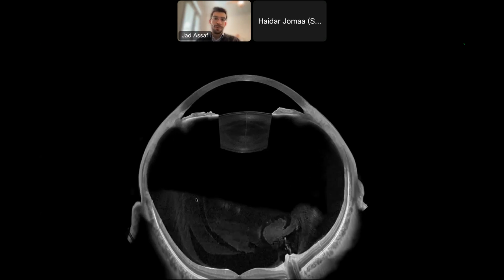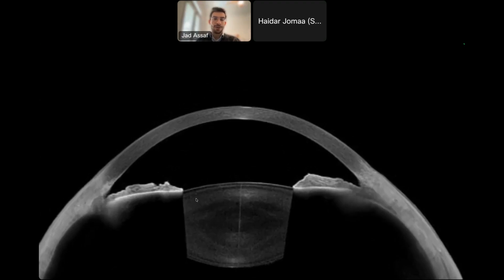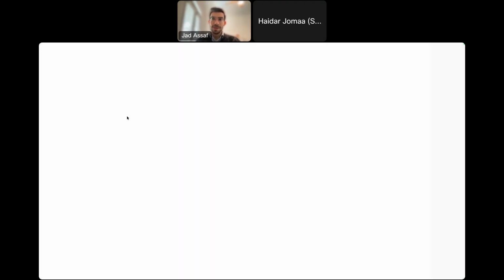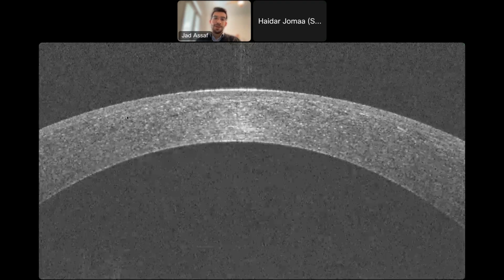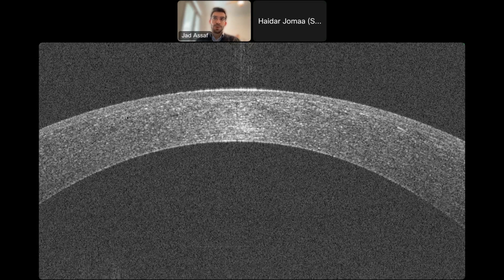We will be focusing mainly in this talk on the cornea, which is my area of specialty. This is the cornea, which is the anterior-most portion of the eye, and it is very transparent, which allows light to come in and reflect on the retina. This is another image of a much more zoomed in cornea taken by OCT.